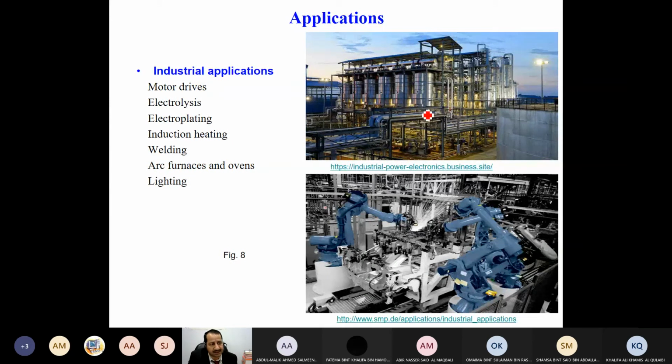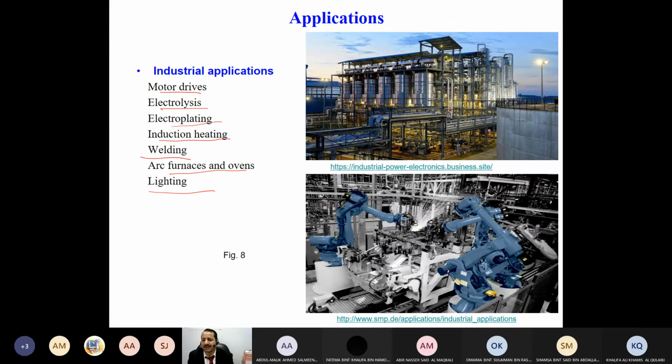You see these industries: motor drives, electronics, electrolysis in chemical processes, electroplating, induction heating, as an example in Sohar aluminium, welding, iron and steel furnaces and ovens, lighting. All these applications need power electronic converters.